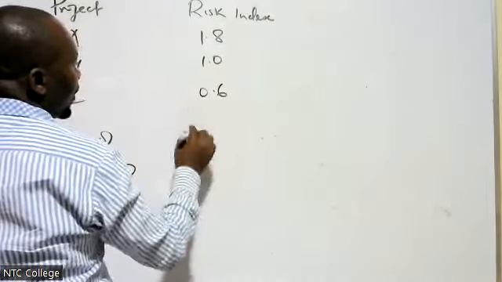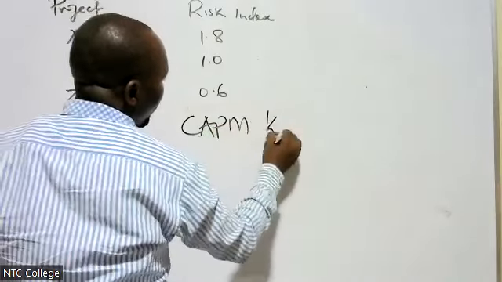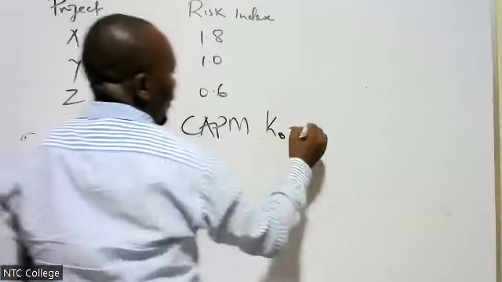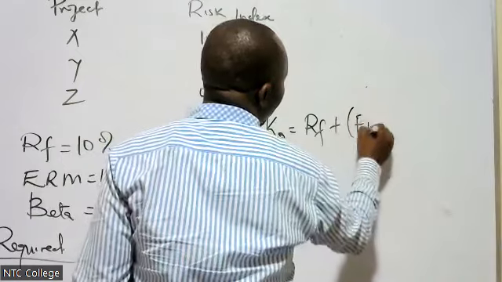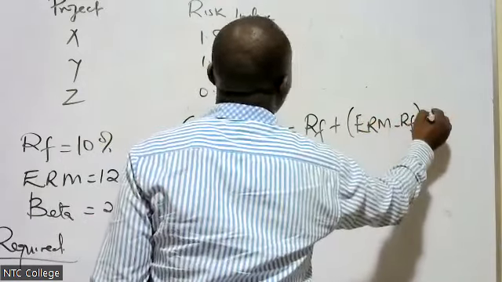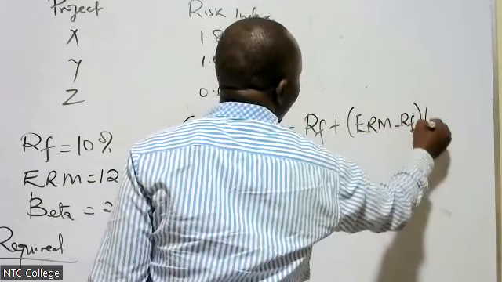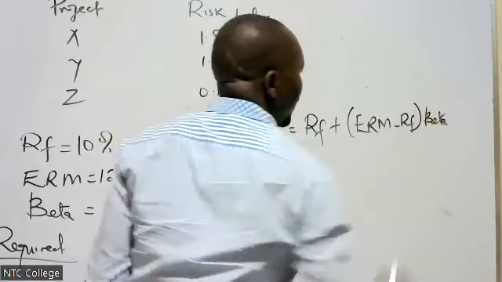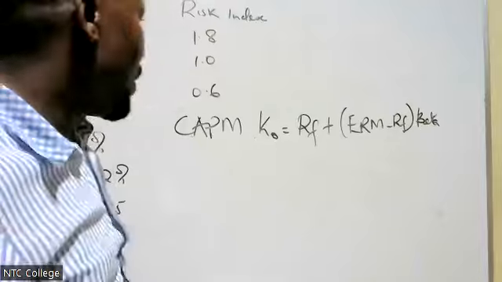So you say CAPM, cost of capital, is given as RF plus, in bracket, ERM minus RF, times beta. That is the formula, right? That is what we learned.